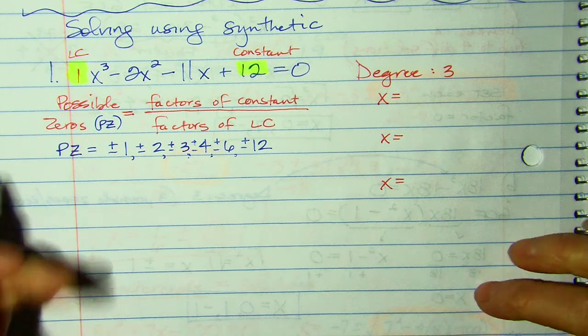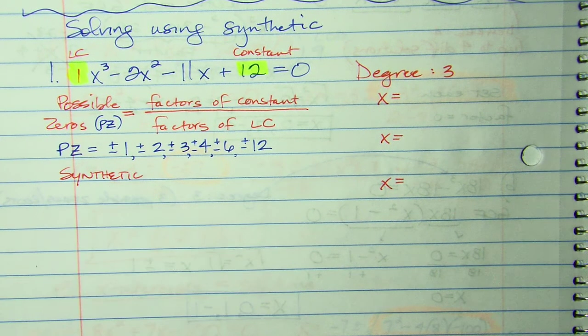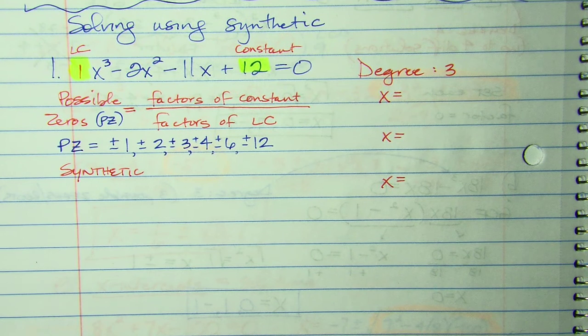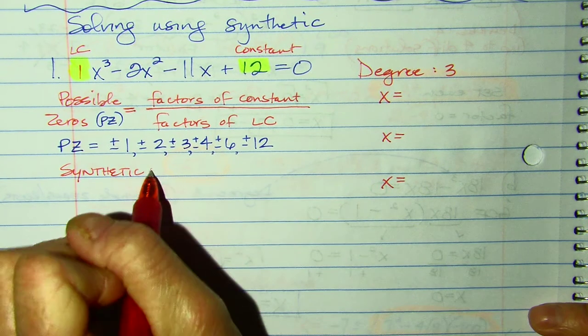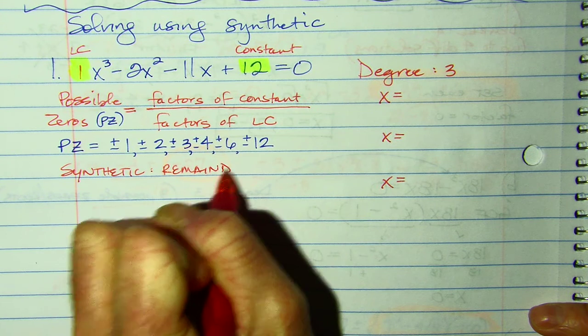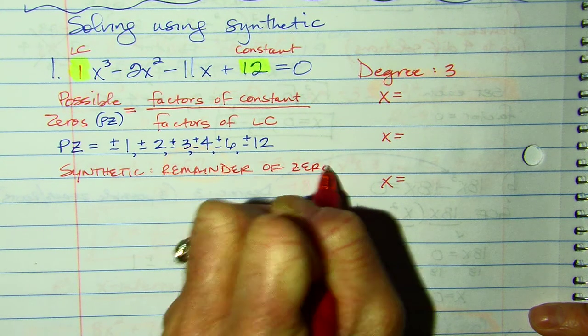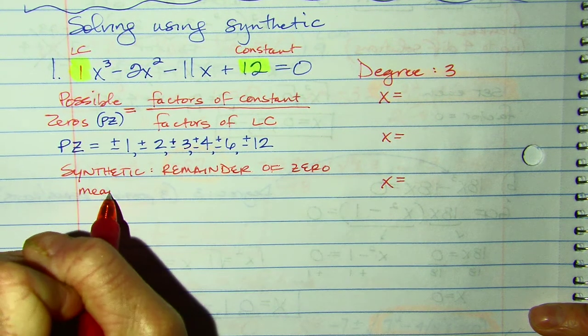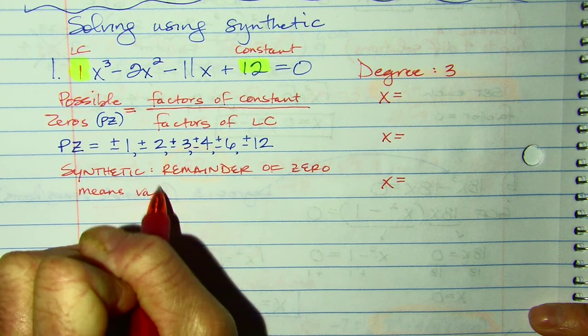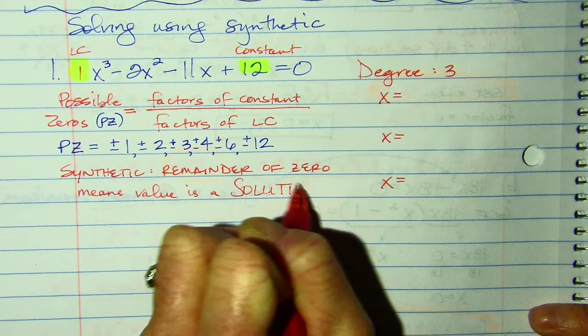Now, when I use synthetic, do you remember what I'm searching for to know if it's a solution or a factor? I'm looking for a remainder of 0 means the value is a solution.